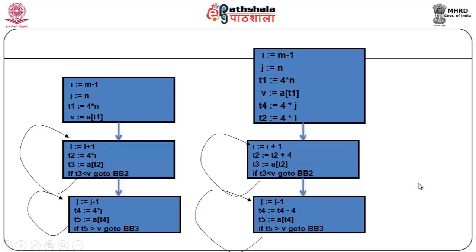I have converted this block so that I have moved 4 into i to this block and 4 into j to this block, and this will simply add by 4, this will simply subtract by 4. So I have done strength reduction here, where I have replaced multiplication with addition here and multiplication with subtraction here.